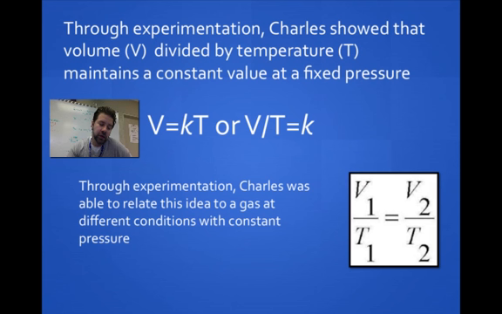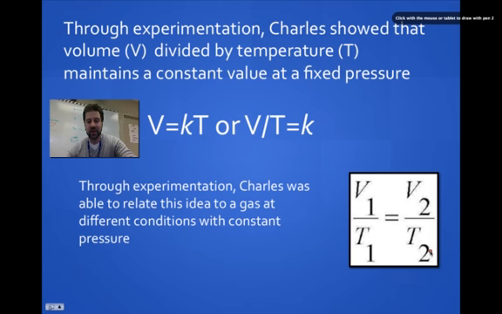So after using mathematics, he was able to change that V over T equals K to a gas that is in two different conditions. In the first condition, just like in Boyle's law, we use the number 1 to show what the gas was like at an initial set of conditions. There will then be information about that gas at a later set of conditions, and we show the number 2 as a subscript behind the V and the T to show that second set of conditions.